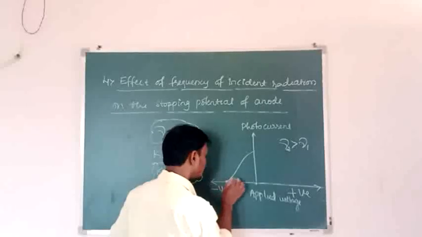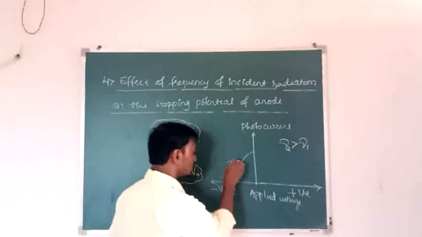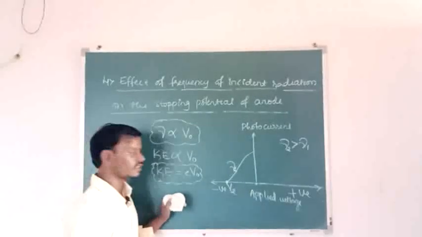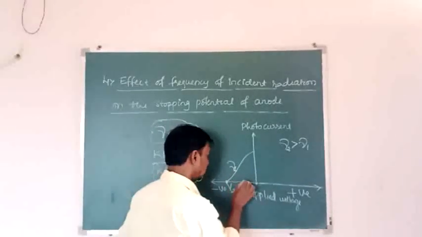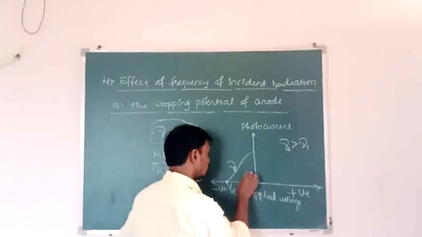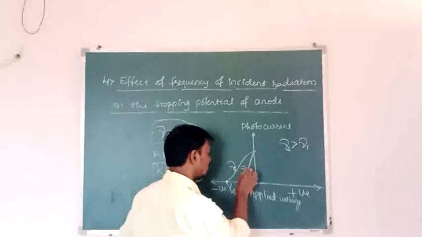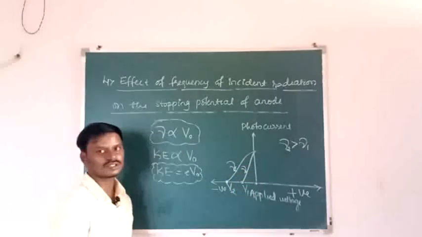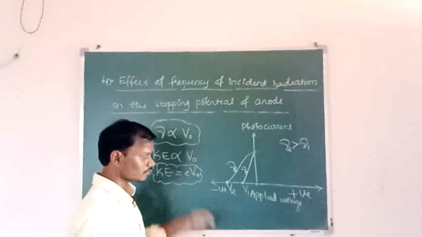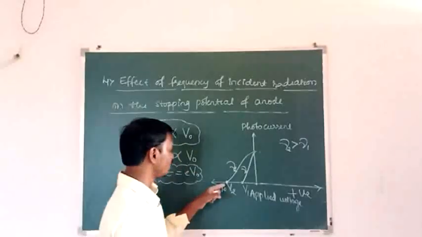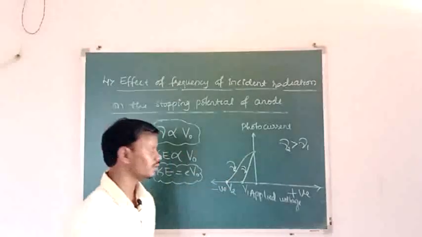This is the stopping potential for the frequency of incident radiation nu2, and this is the stopping potential for the frequency nu1, because we require minimum stopping potential for nu1 and maximum stopping potential for nu2.